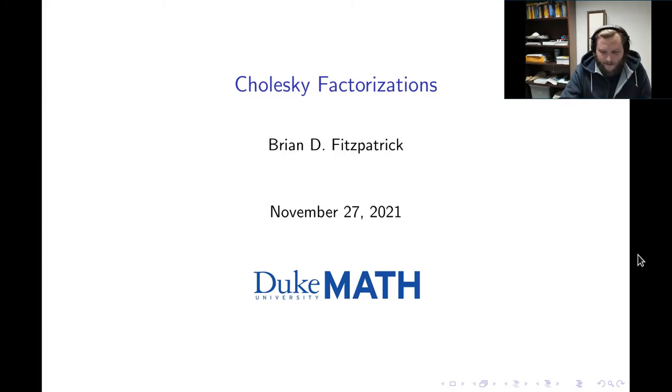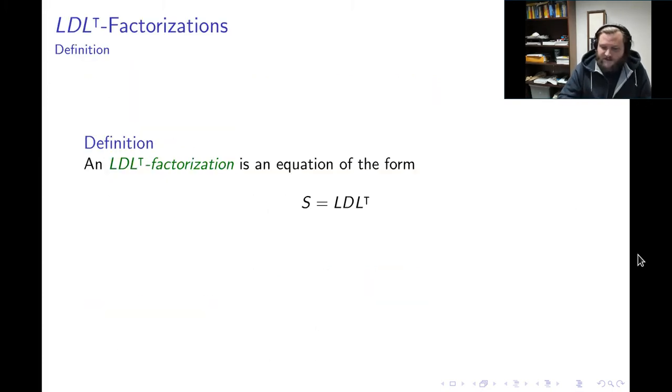So before we talk about Cholesky factorizations, I want to start by talking about another type of factorization which will lead us to Cholesky factorizations. And that's the concept of an LDL transpose factorization. By definition, an LDL transpose factorization is an equation of the form S equals L times D times L transpose.